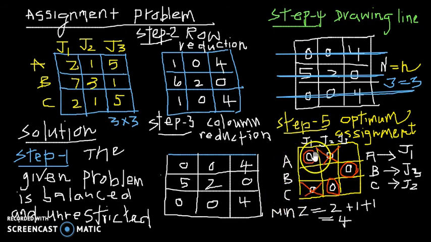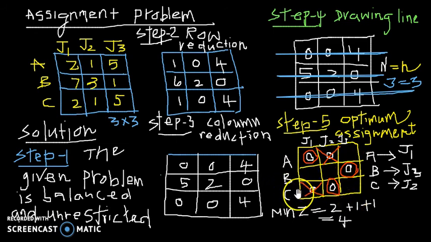So what I am doing there, I am assigning this person to the job. Then I cannot assign this because one person cannot be assigned to 2 jobs. Now here I cannot because a single job cannot be assigned to 2 persons. So once I assign this, I have to strike out this and this. Now I am coming to the second person. Only one option is there, so I am assigning the second person, B, to the last job, J3.